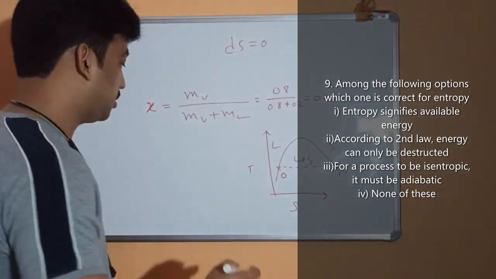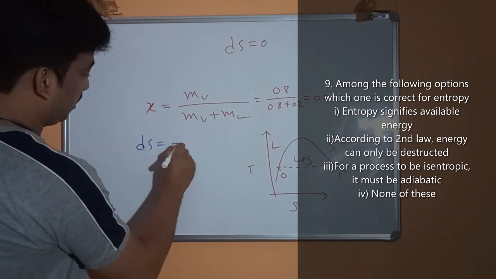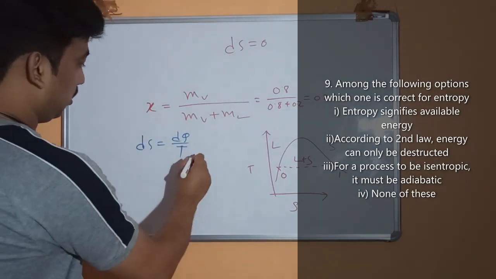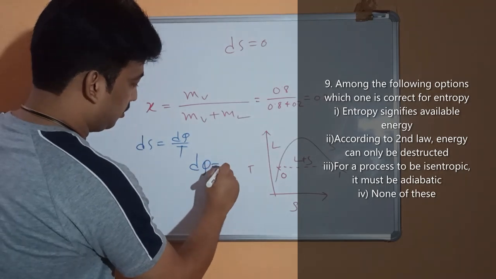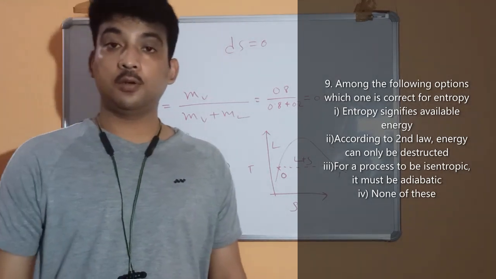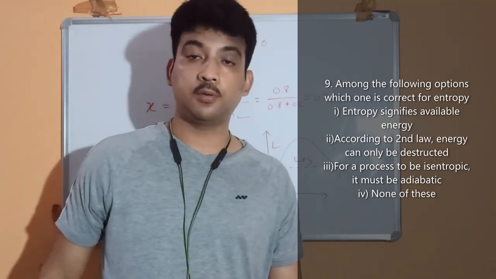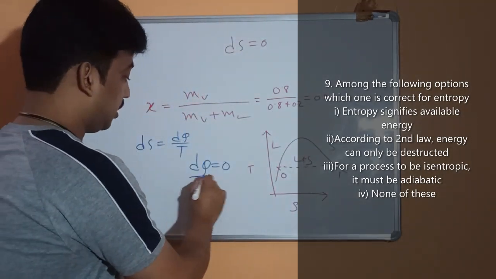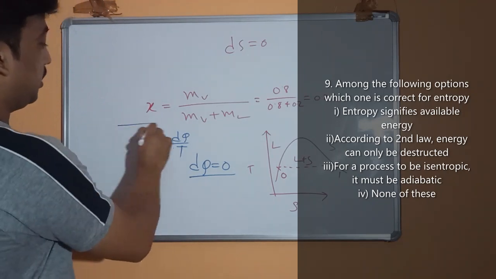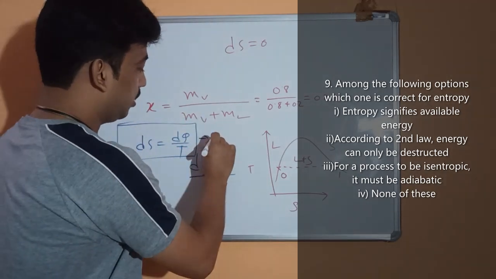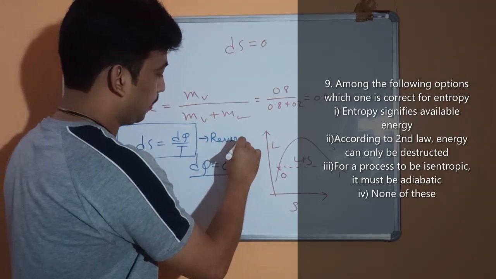So for ds to be 0, we know that ds is equal to dq by T. Here ds will be 0 if dq equals 0. Now when is dq 0? dq is 0 when the process is adiabatic, when there is no heat transfer with the surroundings. But this statement, ds equal to dq by T, is only valid for a reversible process.